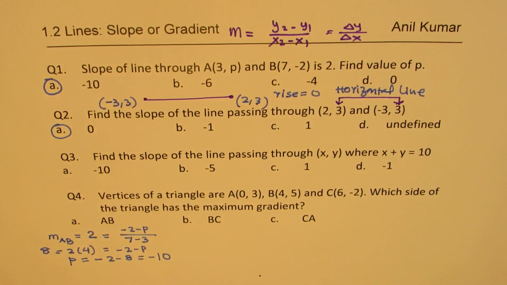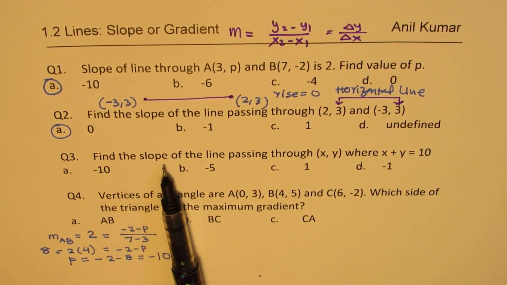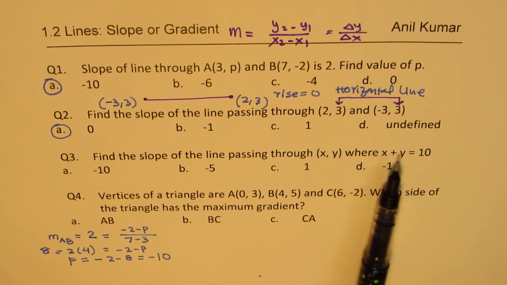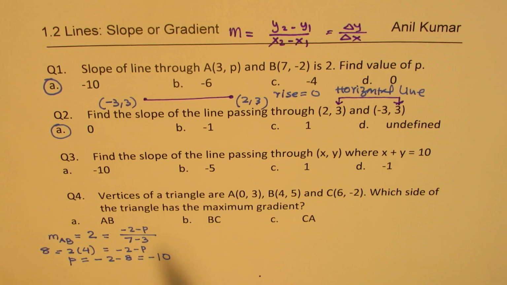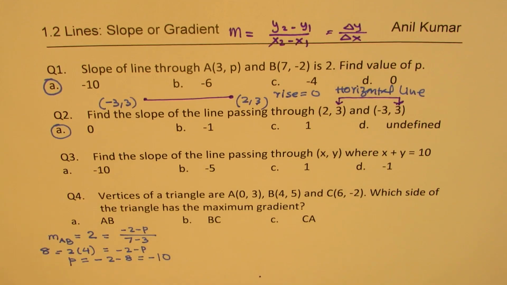Now let's look into question number 3. Find the slope of a line passing through (x, y) where x plus y equals 10. How do we do this one? Now, we have to somehow get change in y over change in x.